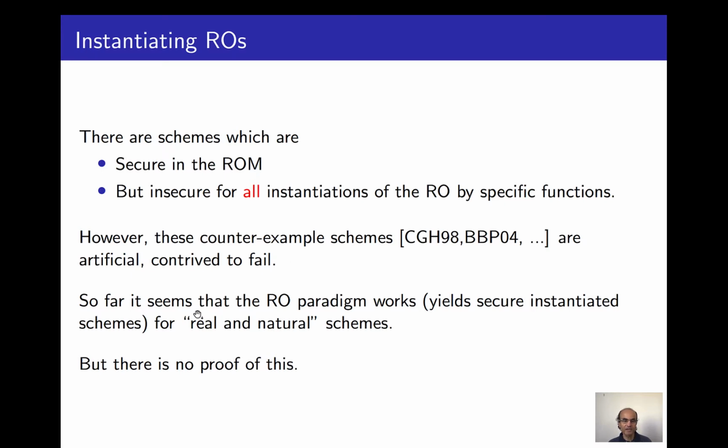So our sense so far is that the random oracle paradigm works, meaning the instantiated schemes are secure if there is a proof in the ROM, as long as the schemes are kind of real and natural, not artificial in this way. But we don't have a formal definition of this phrase in quotes.